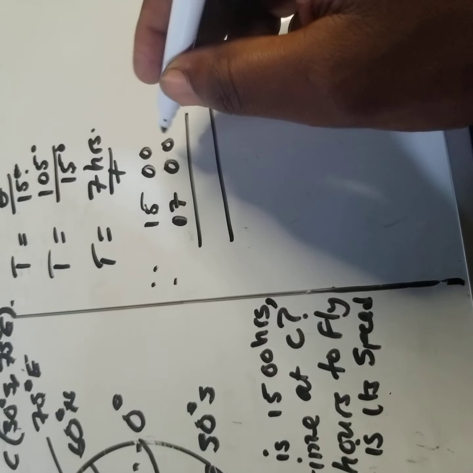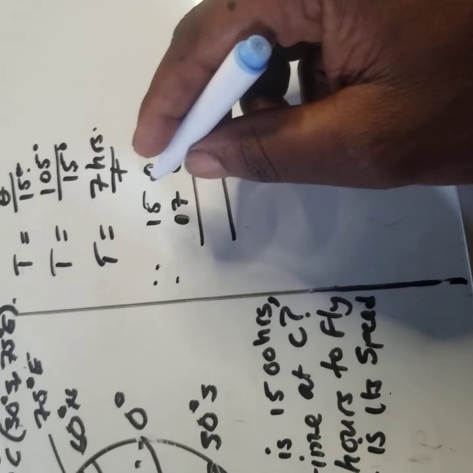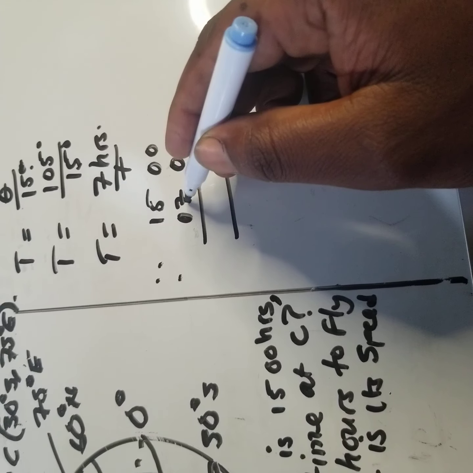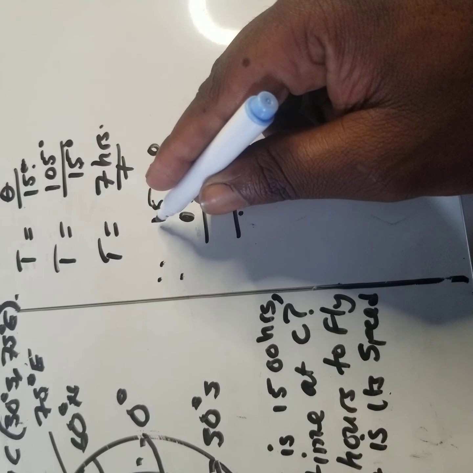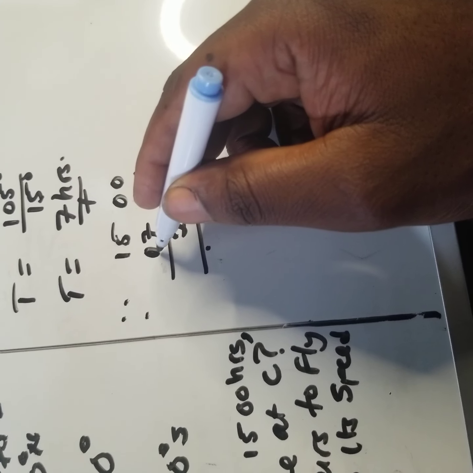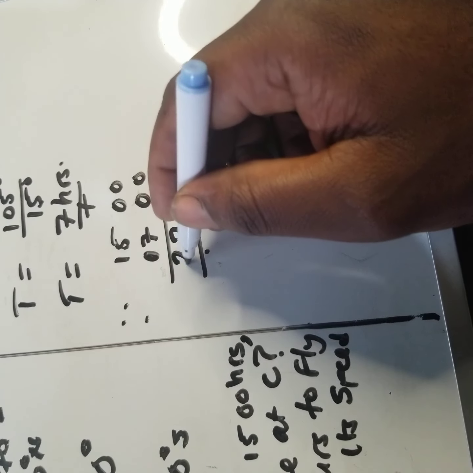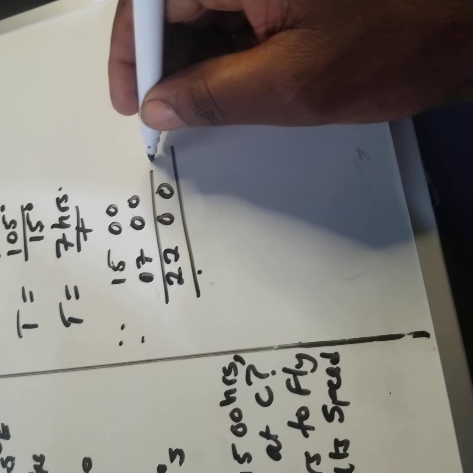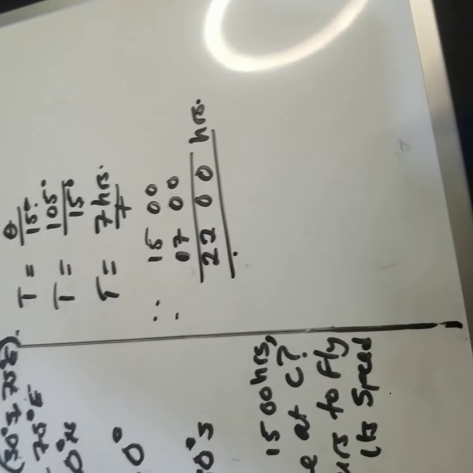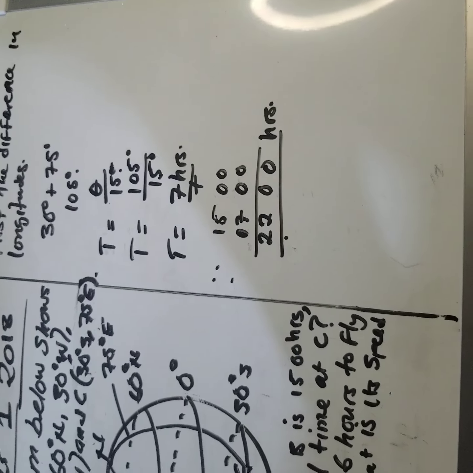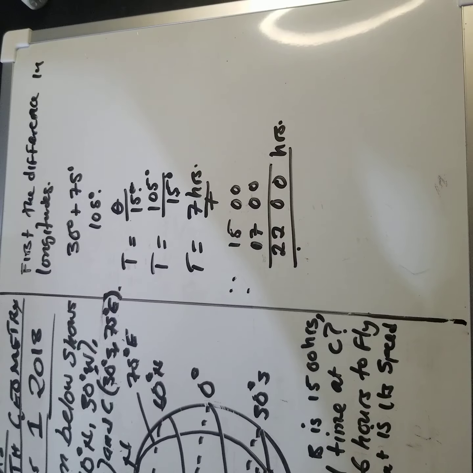Then 5 plus 7 is 12. Carry 1. 1 plus 0 is 1, plus 1 is 2. So our answer here is 22 hours. This is how we deal with the time.